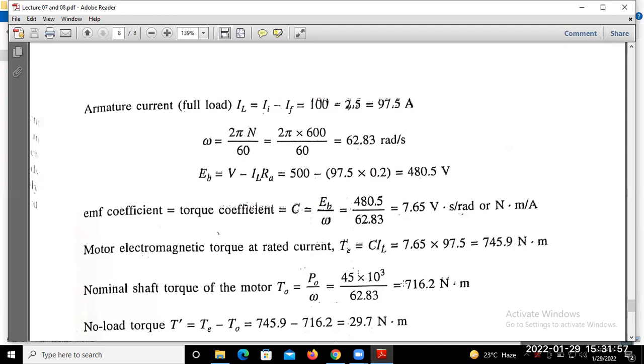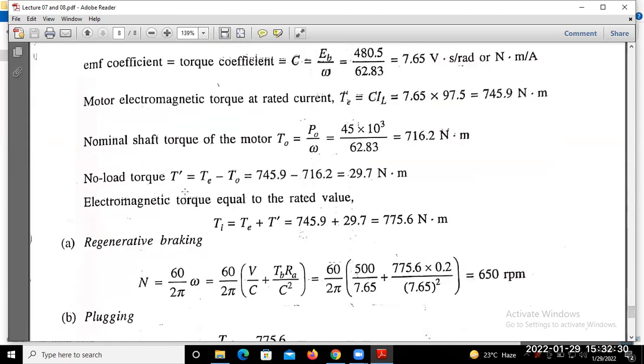So we put here the value of electromagnetic torque developed at the rated current, that is how much? That means 745.9 Newton meter, minus shaft torque or output torque, that we already obtained here, 716.2 Newton meter. If you subtract from 745, then you will get almost the value of 29.7.